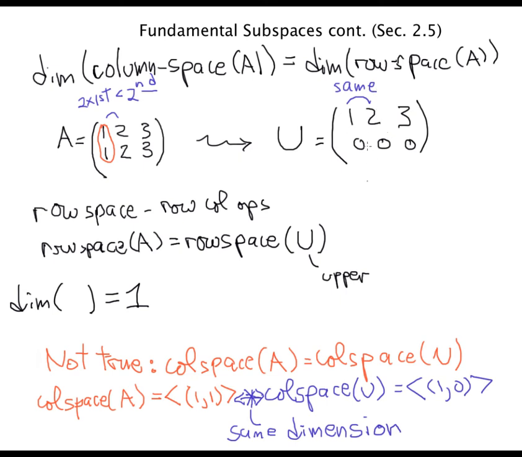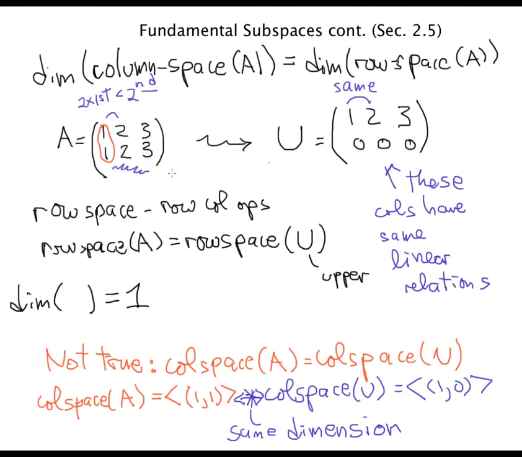Even though you've changed the vectors, the key point is that these columns have exactly the same linear relations. So that is to say, however many linearly independent vectors you have over here, you have exactly the same number over here, and the other vectors have the same relationships to them.